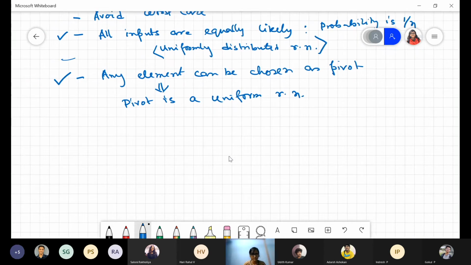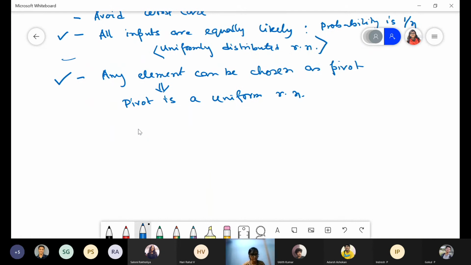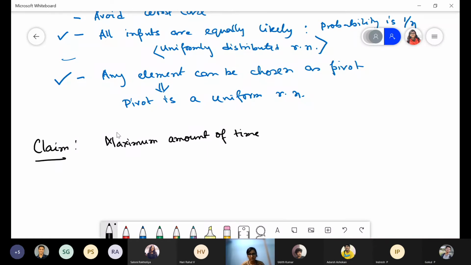So here, what is my analysis? First, I'm going to claim something. The claim is that the maximum amount of time is determined by the partitioning scheme.